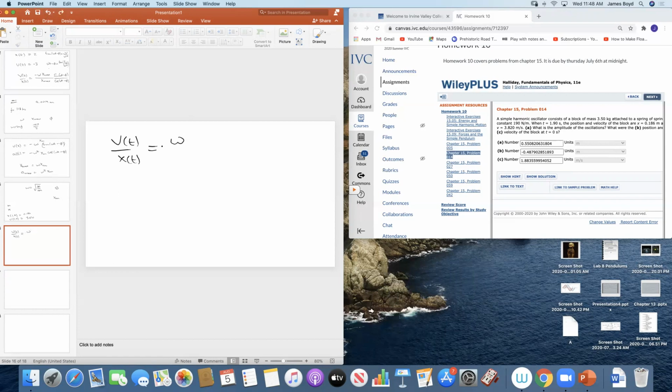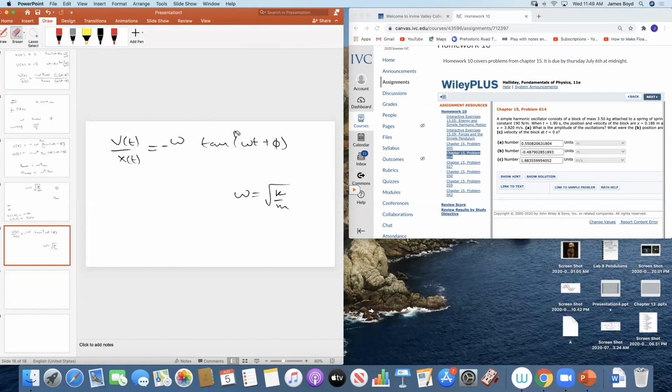Tan of omega t. I'm going to use plus because they do, but I'll show you that it doesn't matter when we find phi. So we know that omega is the square root of k over m, and we can plug that in.